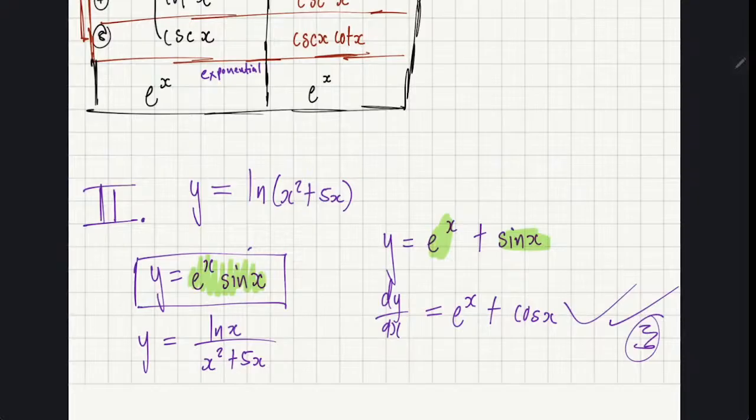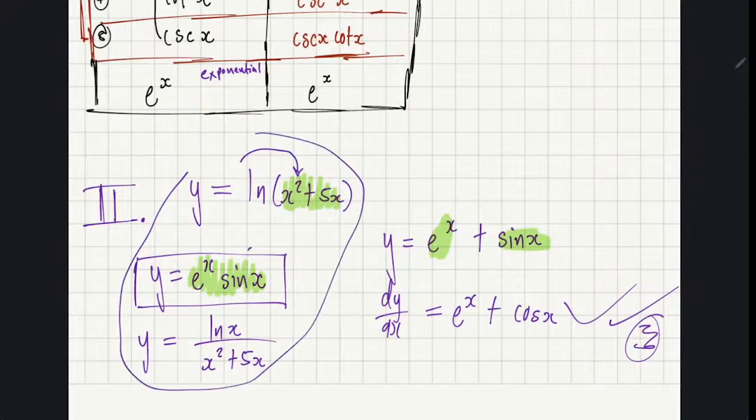Instead of ln x, we have put this inside of ln x. This is what we call a composite function. So these are the 3 situations which you now need to know how to handle. When they multiply, how do you differentiate? When they divide, how do you differentiate? When you have one inside another, how do you differentiate?